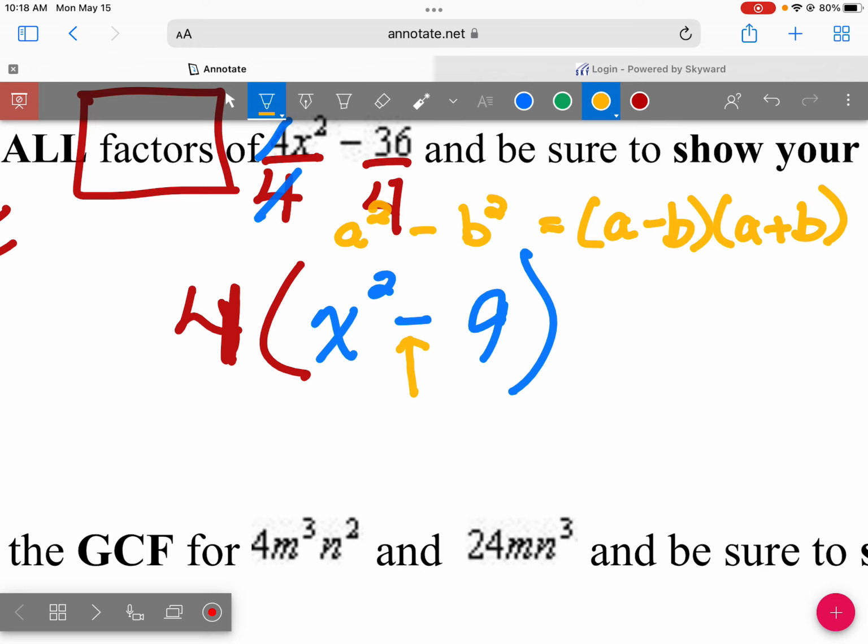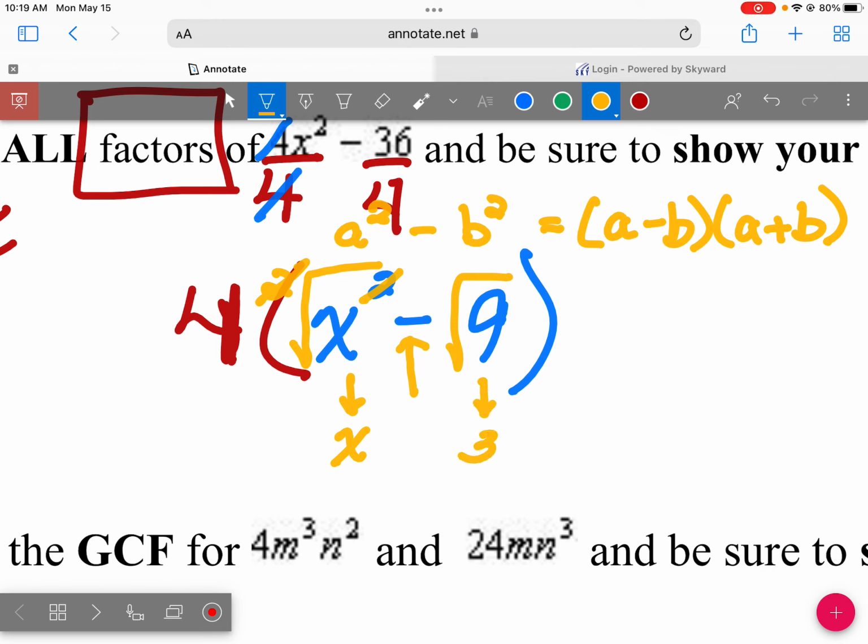Now, this is x squared. I need to take the square root. And I've kind of come up with a different way of doing this, but when you take the square root of x squared, those cancel out. So the square root of x squared is x. And what is the square root of 9? 3.